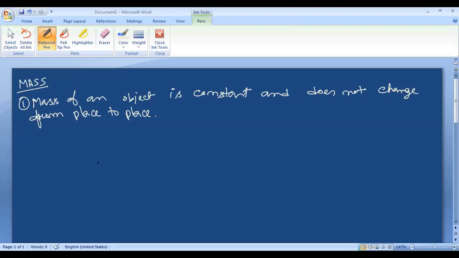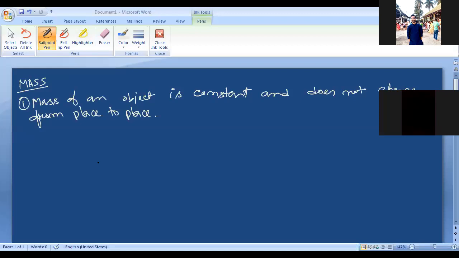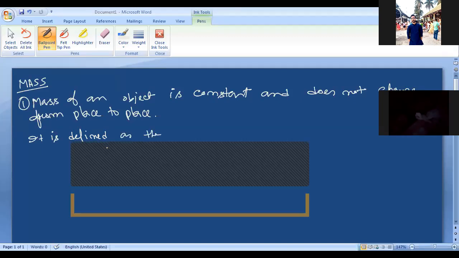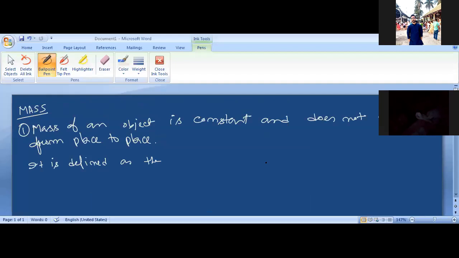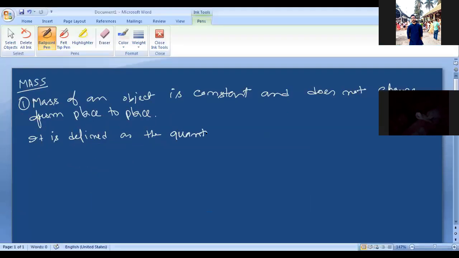Write down, it is defined as the quantity of matter.